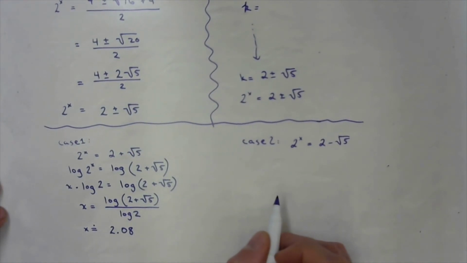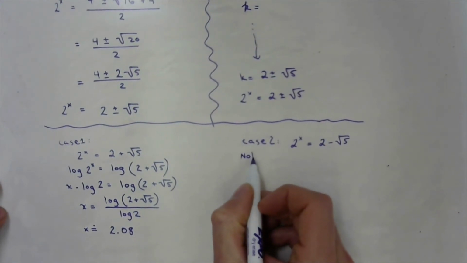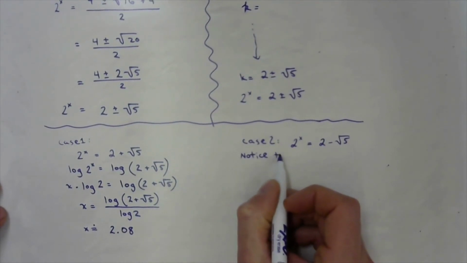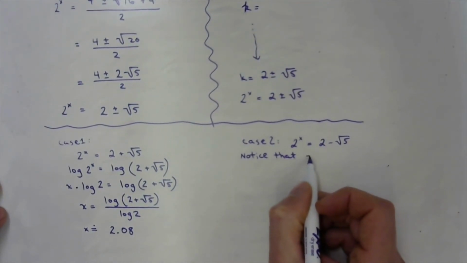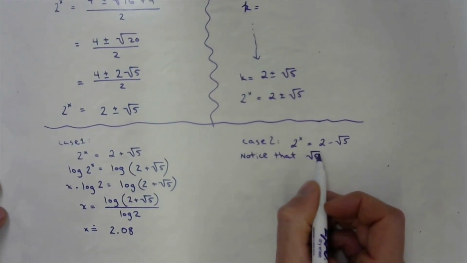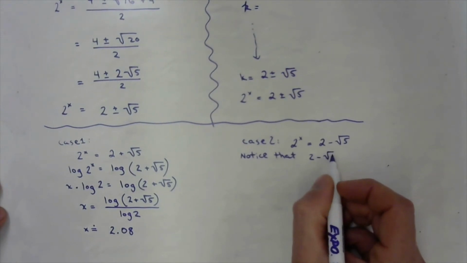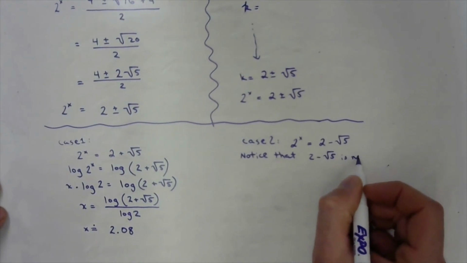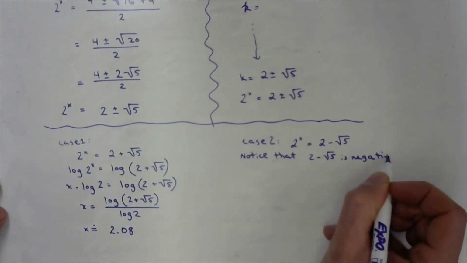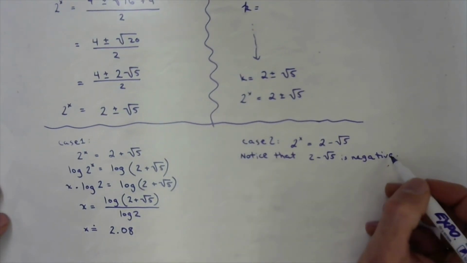Yep. So notice that radical 5, let's do it this way. 2 minus radical 5 is negative.